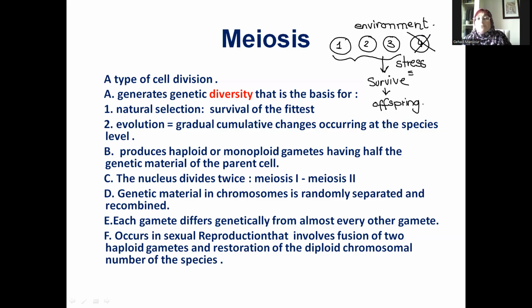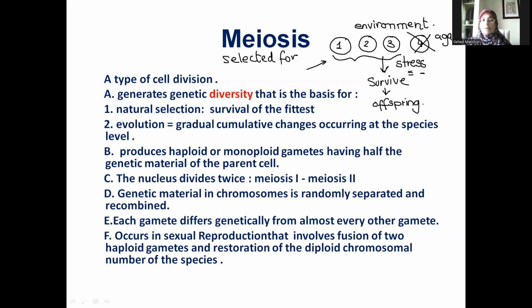So diversity is one important factor of survival of the fittest, and this is one kind of natural selection, because the stress that occurred selected for and selected against. We can say that this stress selected for variants number 1, 2, and 3, and selected against number 4. So survival of the fittest is a result of natural selection.